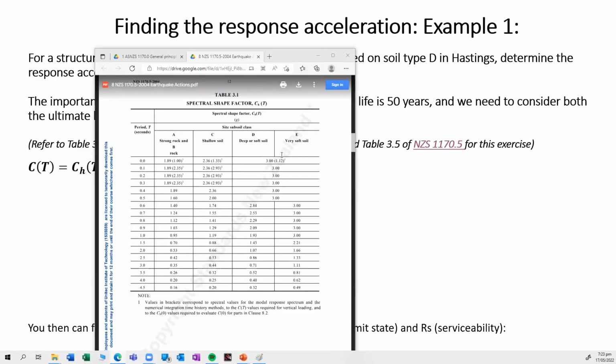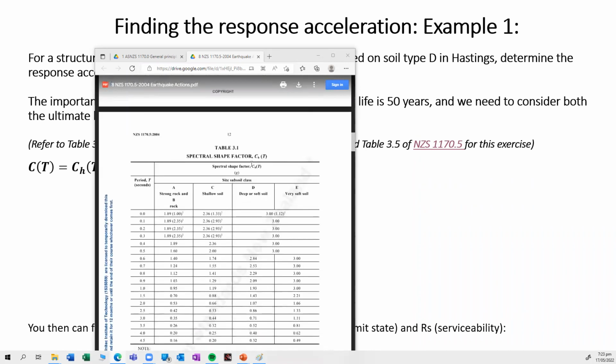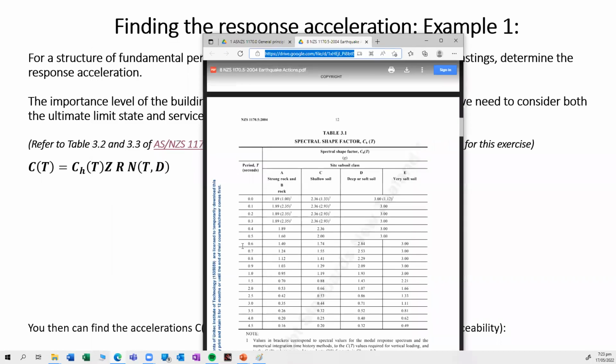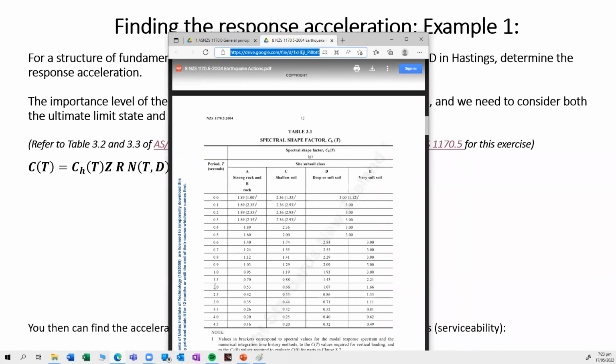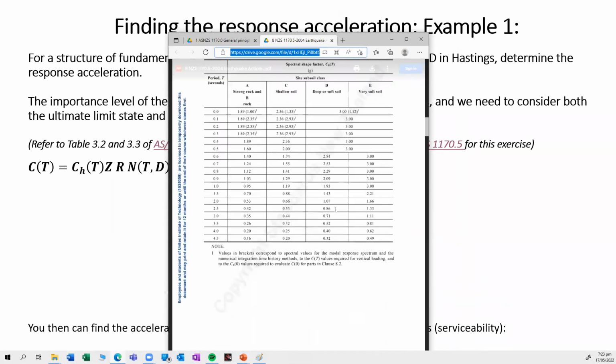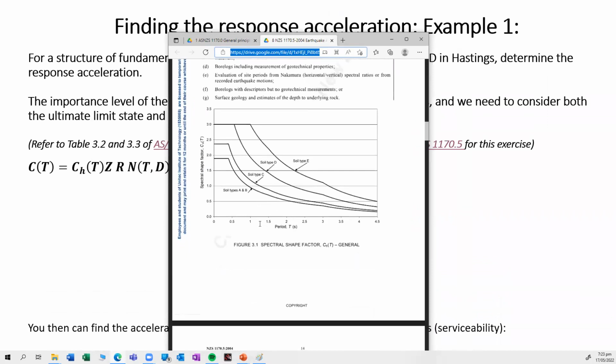Okay, for your CH site spectral shape factor, right, if you have 2 seconds, if I go to the table and what type of soil I've got, soil type D. Okay, so 2 seconds soil type D, I've got 1.07. I can read that straight off the table, and that's in terms of g, right? Or you could just read it off here. Okay, 2 seconds soil type D, it says 1.07, sorry, 1.07 g.